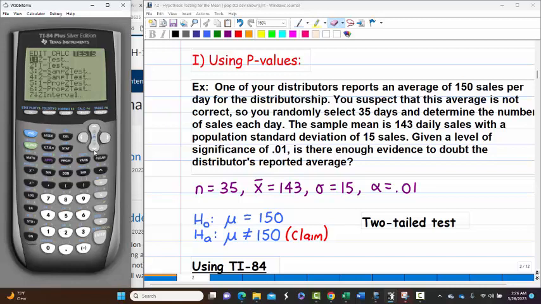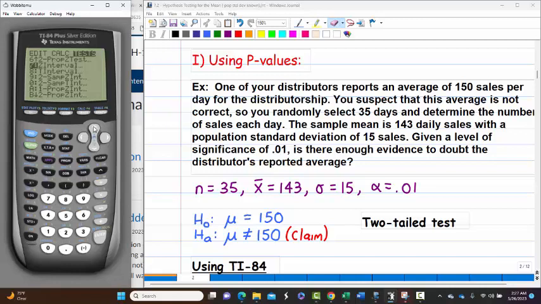For confidence intervals, we used Z Interval, T Interval, and 1-PropZInt, those three from the other chapter. So that's the way you tell the difference. If it has interval in the title, it means confidence interval. If it has test, it means hypothesis test.